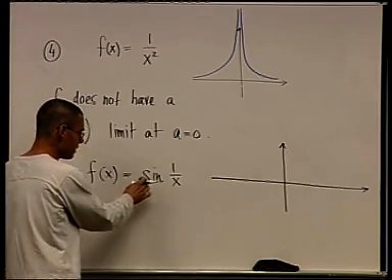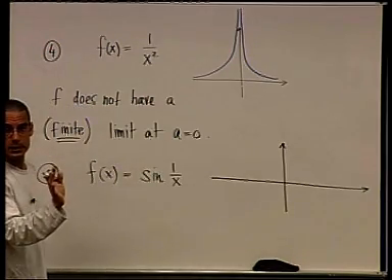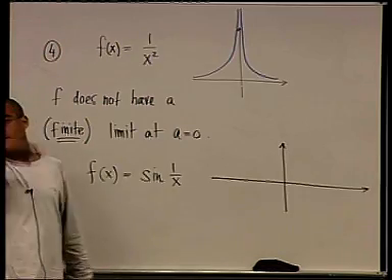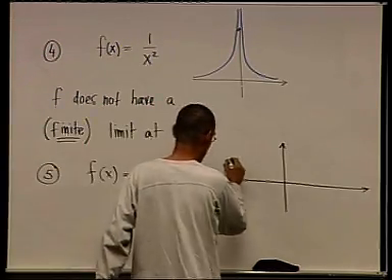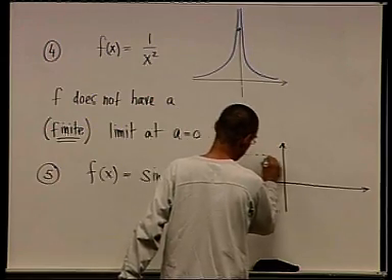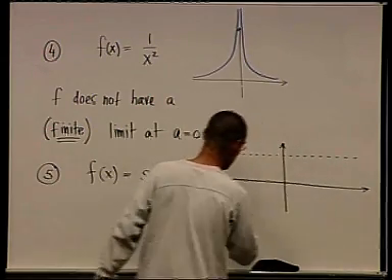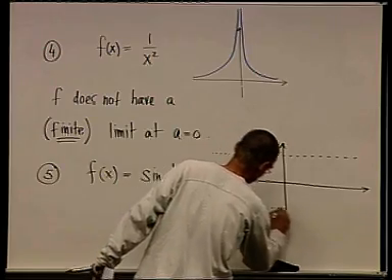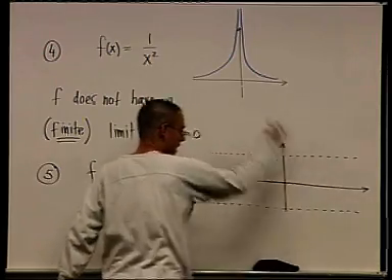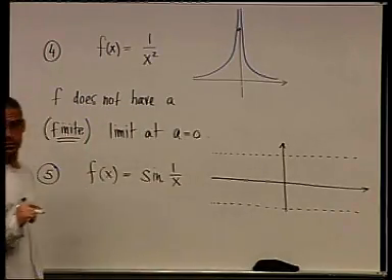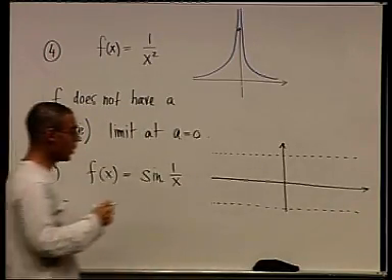So first of all, this is sine of something. It's bounded between -1 and 1. Does everybody agree? Okay, so I'm going to draw 1 here and -1 here, and I know that the function cannot exceed this lower and upper bound. Does everybody agree? Okay.